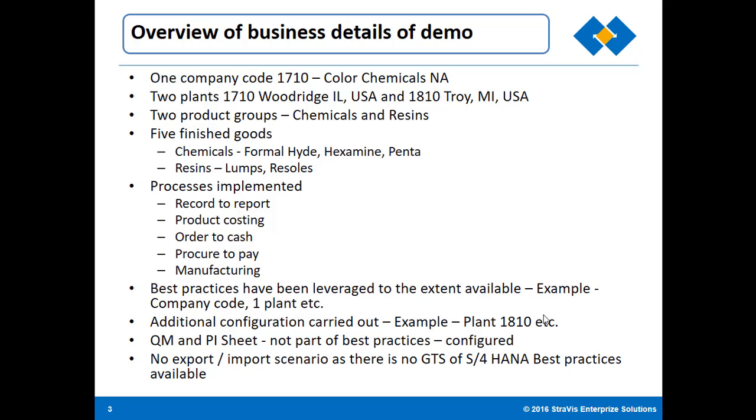For example, plant 1810 did not exist in best practices, so we configured it. Similarly, quality management and process instruction sheets were not part of the best practices, so these were configured. No export-import scenario was considered in this demo because the implementation of GTS was not part of S/4HANA best practices for this demo.